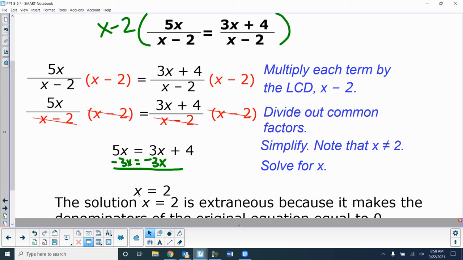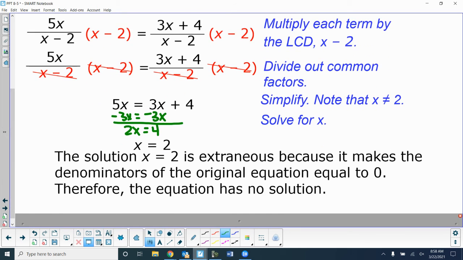And then I get 2x equals 4. So you guys know that if you divide by 2, you get x is 2. But what happens when you put 2 up here? What happens to that denominator? It becomes 0, right? So is it a good answer? No, so that's why they call it extraneous solution. All right, so there's really no solution to this one.